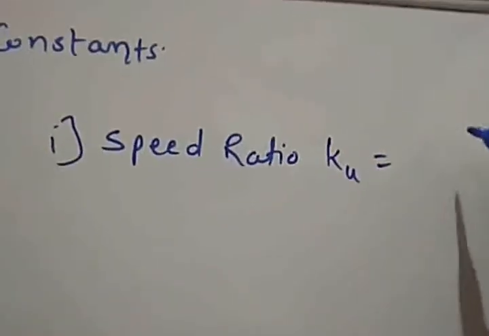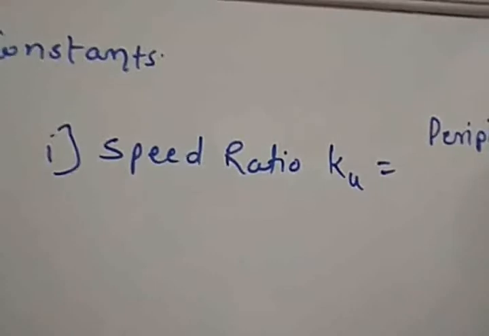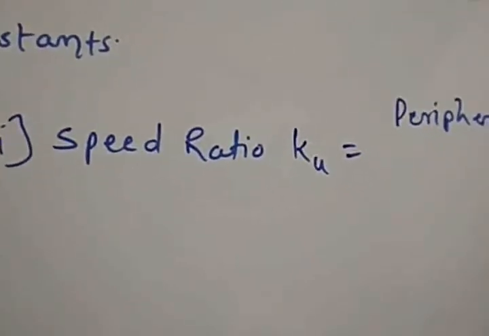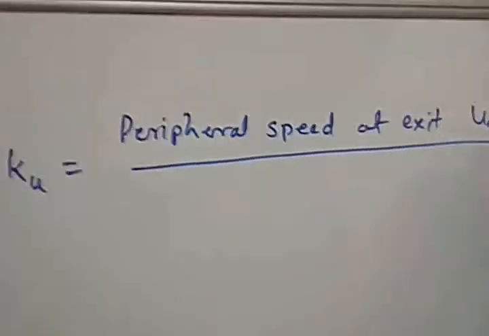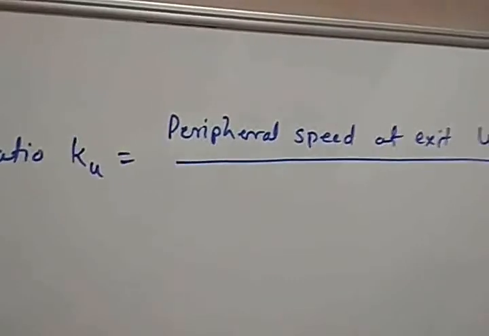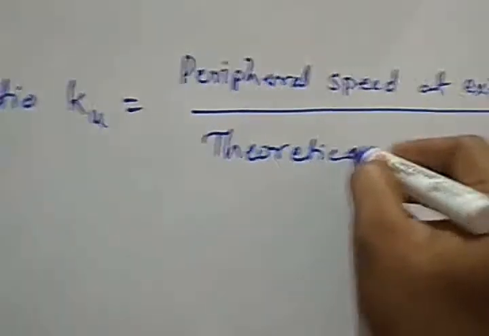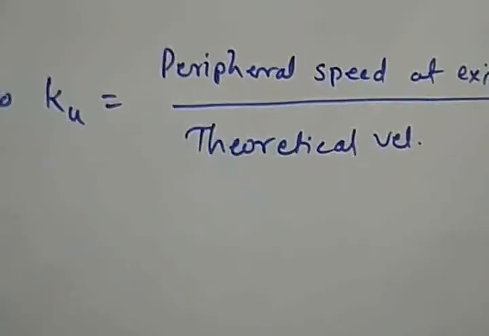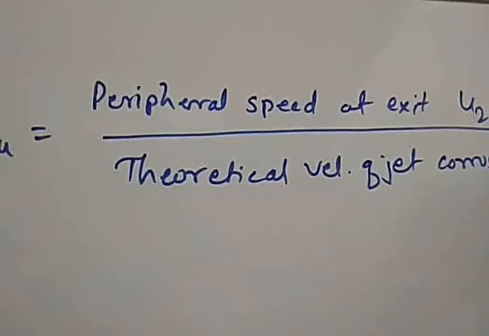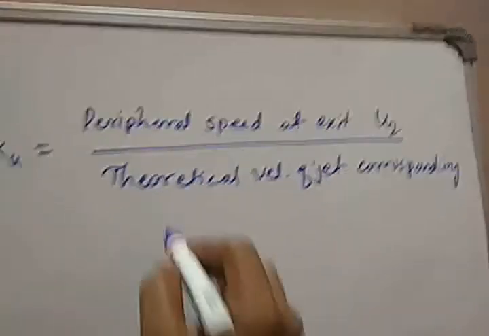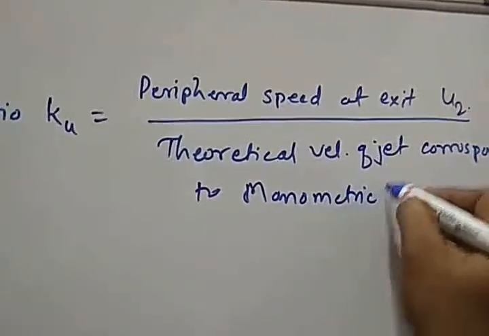So a peripheral speed at exit is u2, divided by the theoretical velocity of a jet corresponding to manometric head.